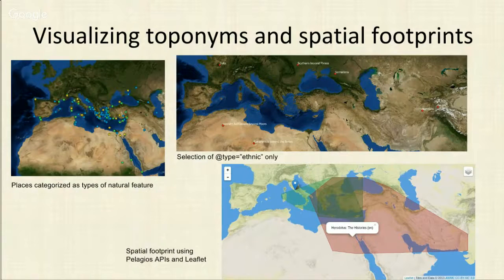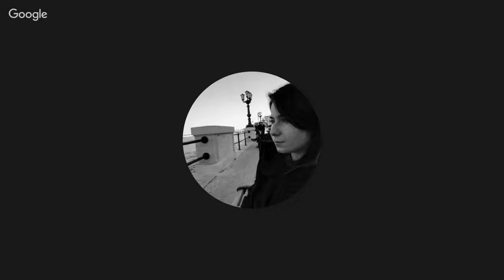And in that case, you can categorize places as any type of feature. So, for example, here in the first example, you can see, again, the types of the places represented in Quantum GIS in different colors according to the type that they belong to. Or you can just visualize the ethnics, for example, in a document.